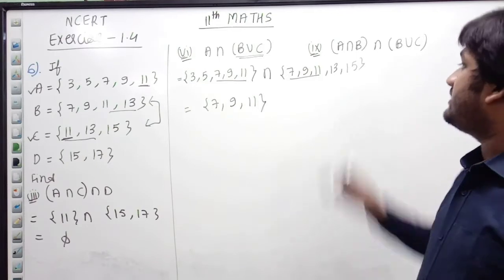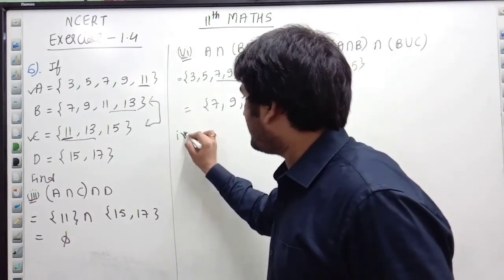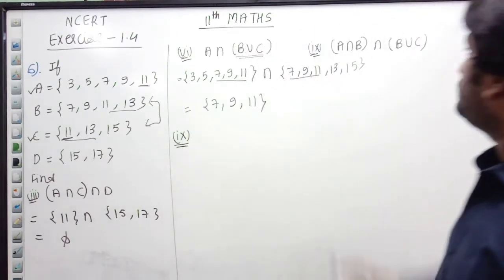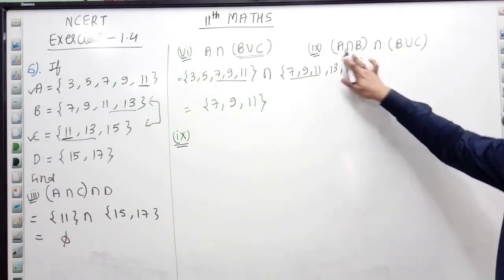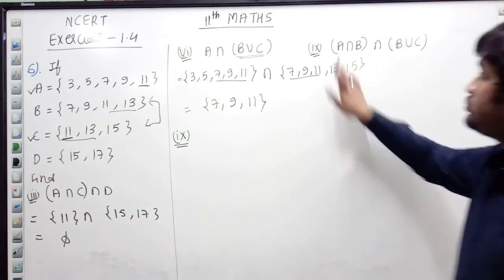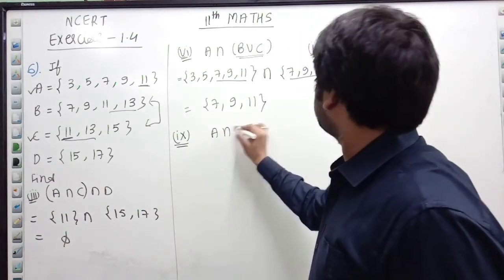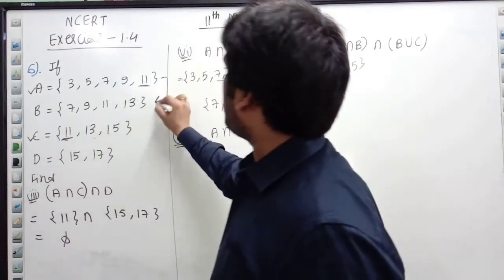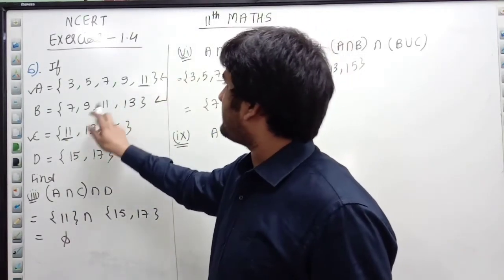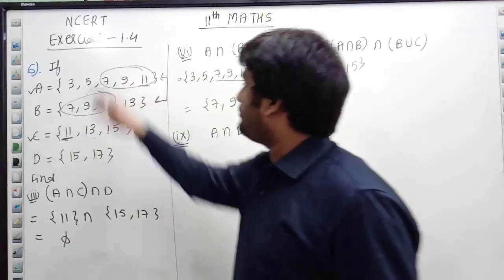Now next is the ninth part. I have taken the ninth part here. In the ninth part, you have to first find A intersection B, B union C, and then the intersection of these two. So what is A intersection B? What is common in A and B? Just see. Is anything common in A and B? So you can say, sir, 7, 9, 11 is common in both.